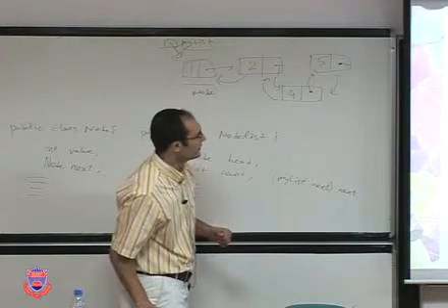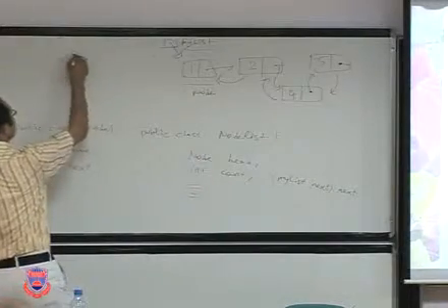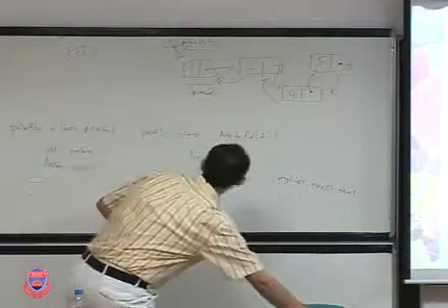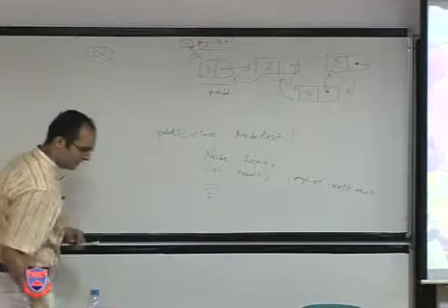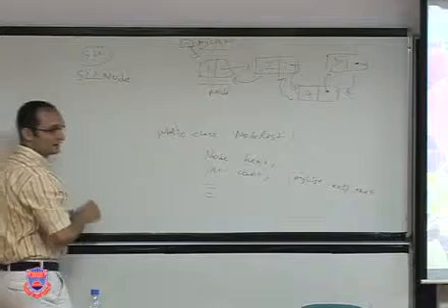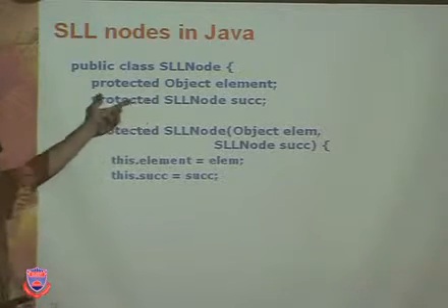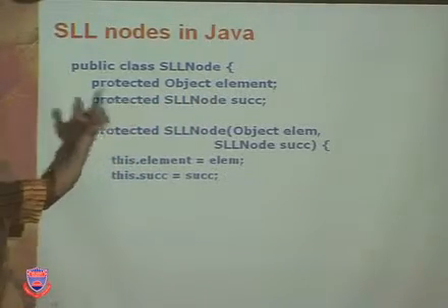If you look into the SLL node, one is the SLL, which is the whole list, and this is composed of SLL nodes, right? Each element in this list is going to be an SLL node. If you look into the code here, public class SLL node, it has the object that is referred to by the element.